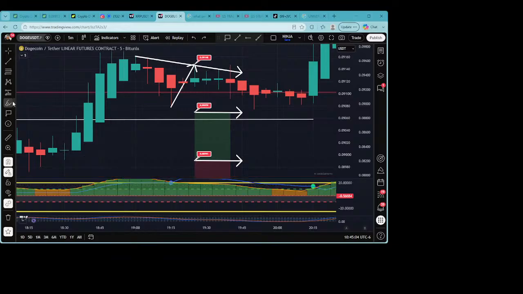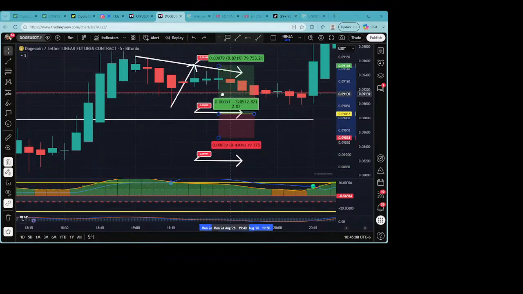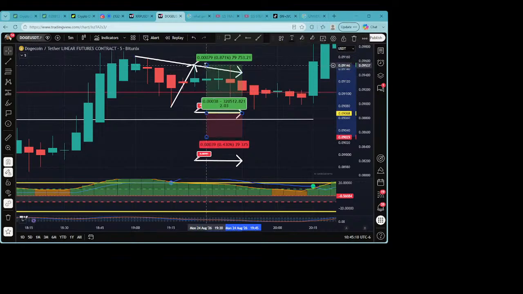Okay, so when we measure this from here to here, you can see that pullback is a 0.87. So if we're doing a 20x leverage, which we're going to, I think we're going to start off, yeah, right? I figured if I trade and behave like a brand new trader, I can walk through a journey, a trading journey instead of a course.